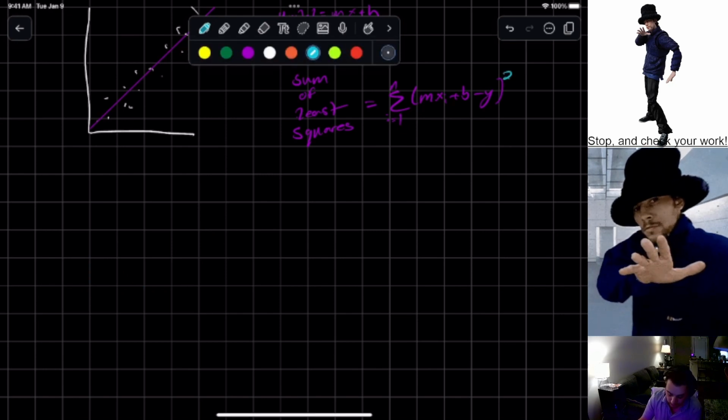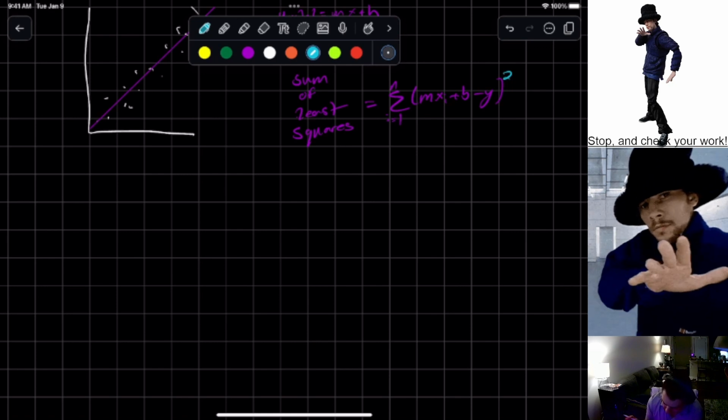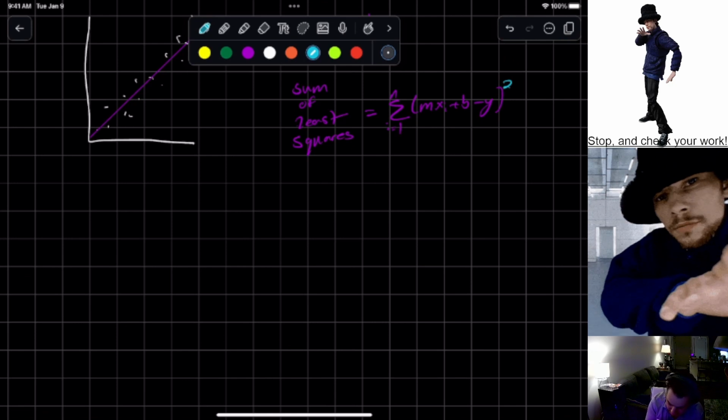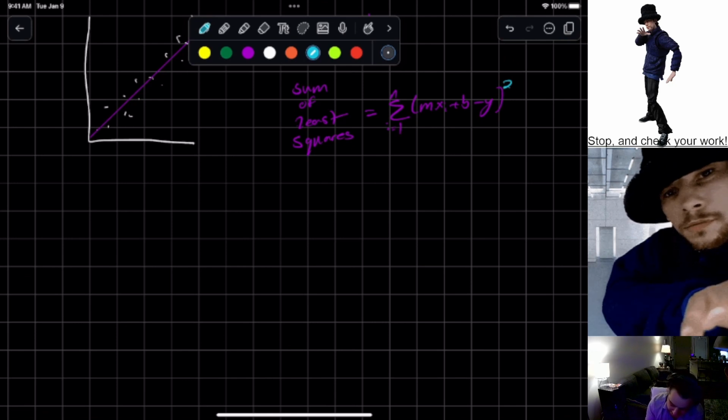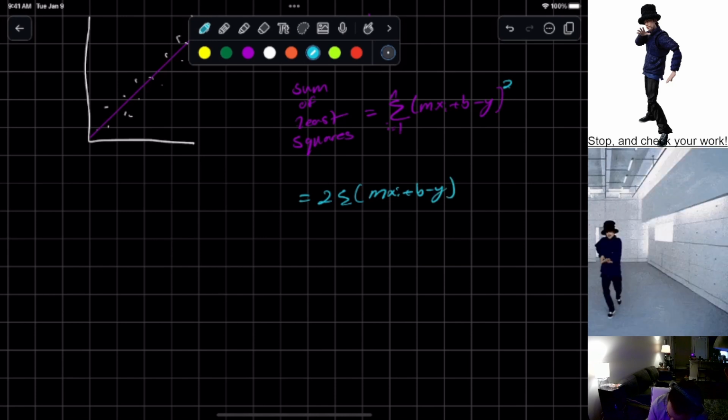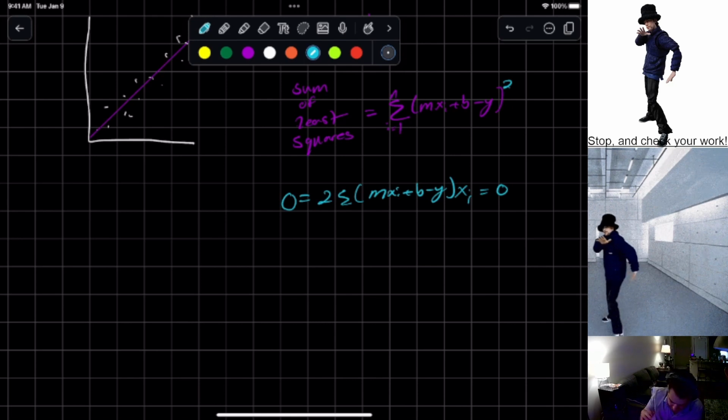So in our case, we must square this answer. Knowing that, we can take the derivative of this with respect to x and get 2 summation of mxi plus b minus y times xi equals 0. So how can we move on from here? Well, we can distribute this x out to all of our terms.